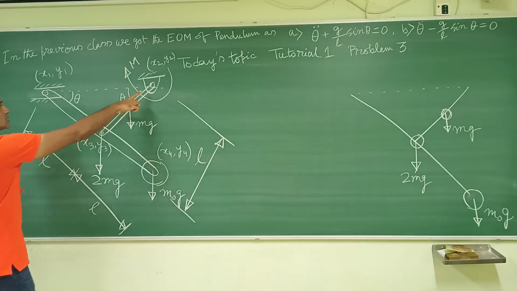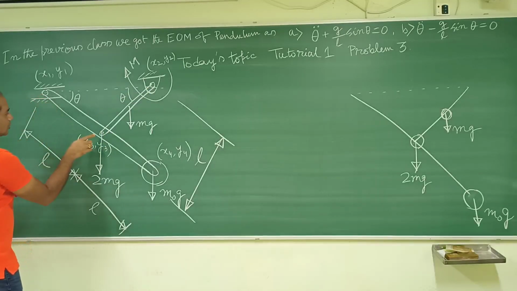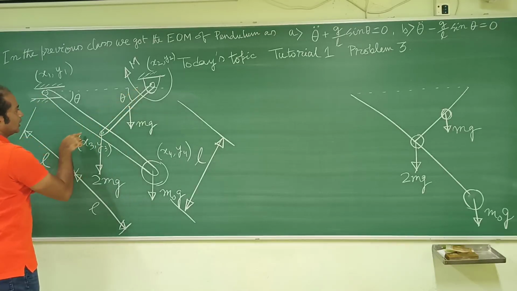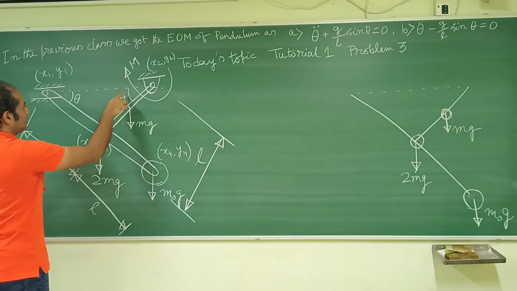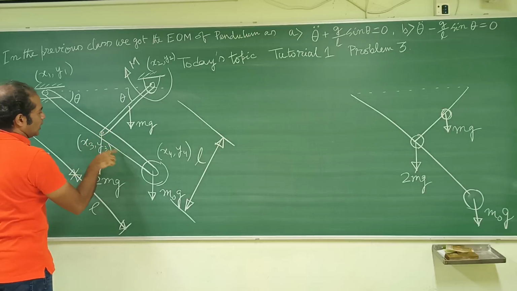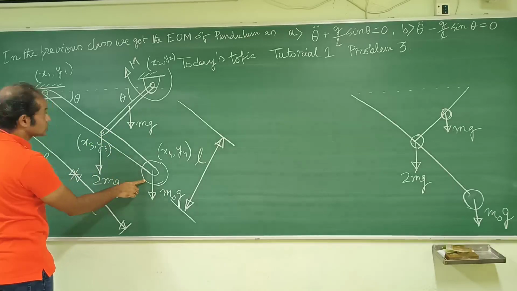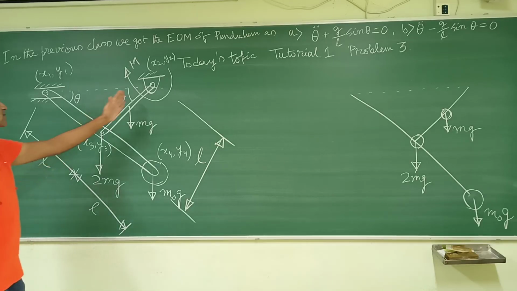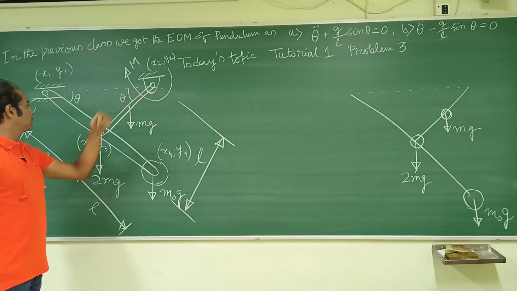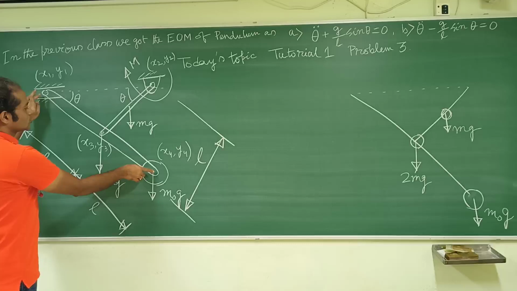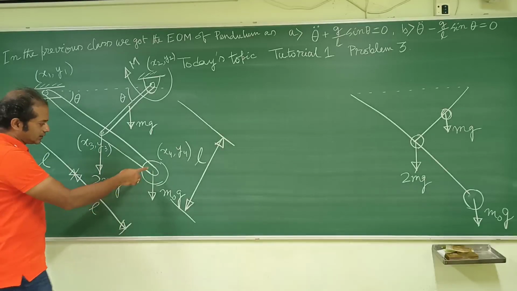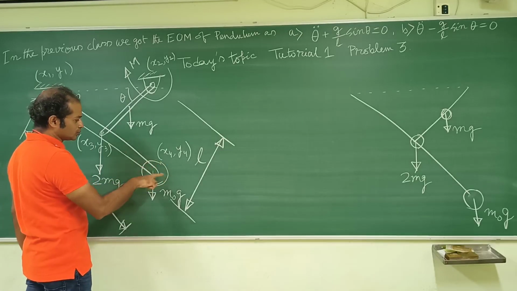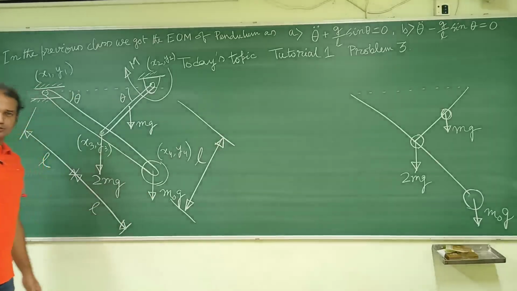This is of length L, this is of length L, so it forms a triangle, and the angle is theta, and this length is also L. In totality it makes twice L length, and they are composed of uniform thickness. If its mass is m, the total mass is twice m, and it supports a huge mass of mg.